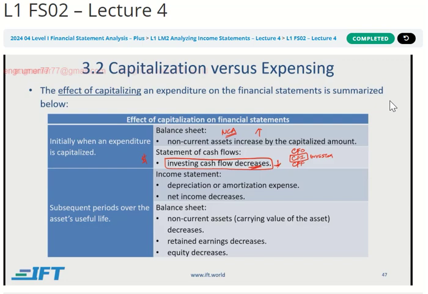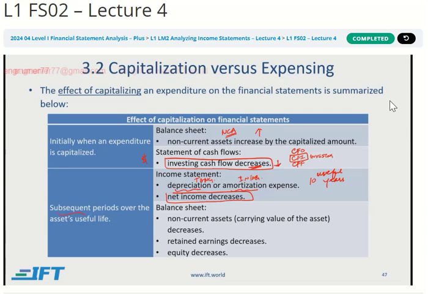What will happen over the useful life? Let's say it's 10 years. So over the useful life of that asset, every year you're going to be booking either a depreciation expense or an amortization expense, depending on whether it's a tangible or an intangible asset, right? And that amount of expense is going to reduce the net income.